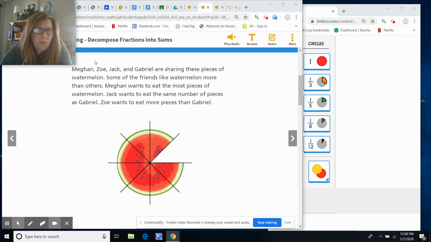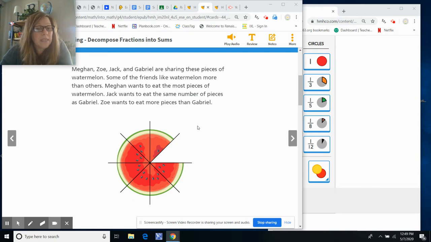Well, we know that there are 4 friends, Megan, Zoe, Jack, and Gabriel, and they're sharing these 7 pieces of watermelon. We know what the fraction is because this whole watermelon is cut into 8ths. There are only 7 out of the 8 because there's a missing piece here, but they're going to share these 7 pieces of this watermelon.